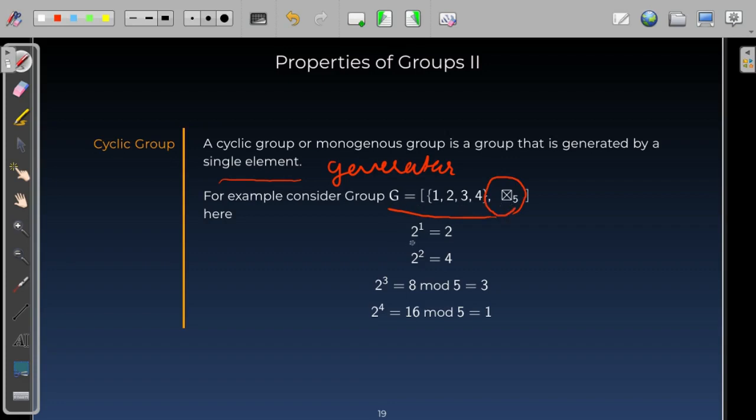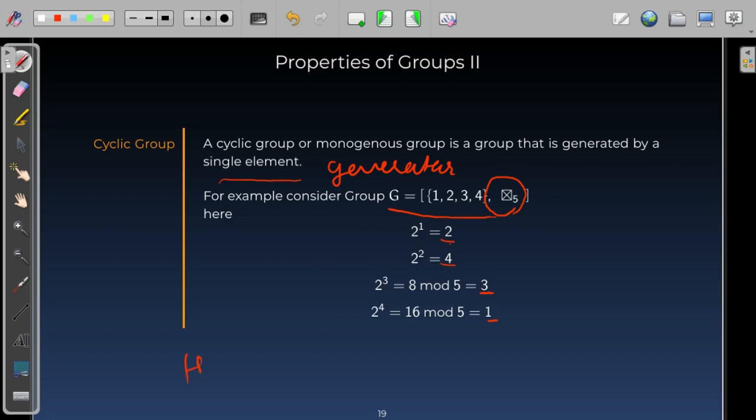Then you see that 2 to the power 1 is 2, 2 to the power 2 is 4, 2 to the power 3 is 8, and 8 mod 5 is equal to 3, so we are getting 3. 2 to the power 4 is 16 mod 5, which is equal to 1. So we are able to get all the group elements from this element only. This kind of group is called a cyclic group.